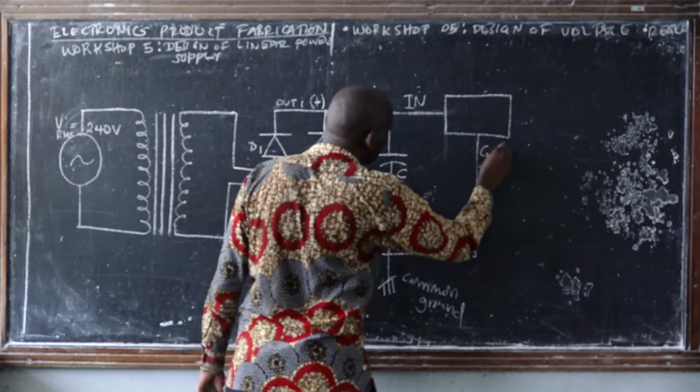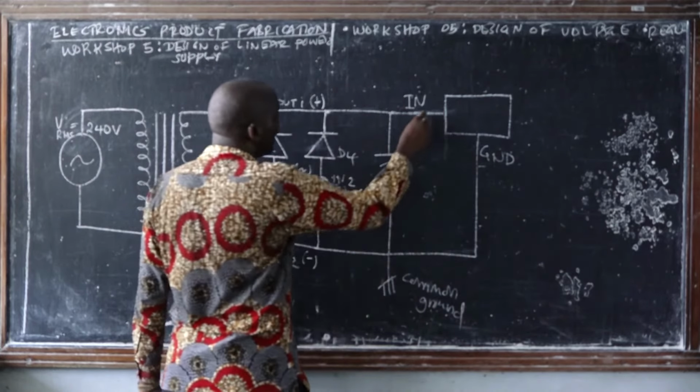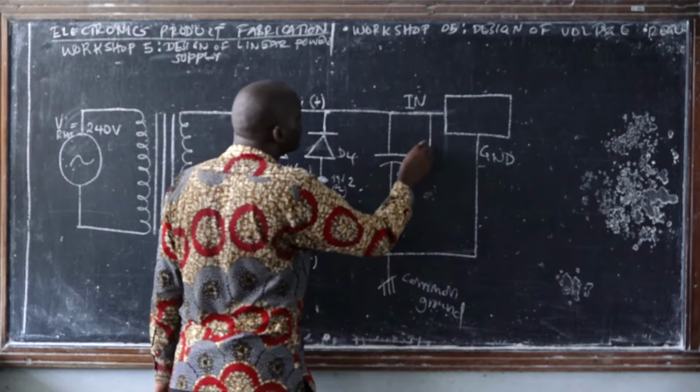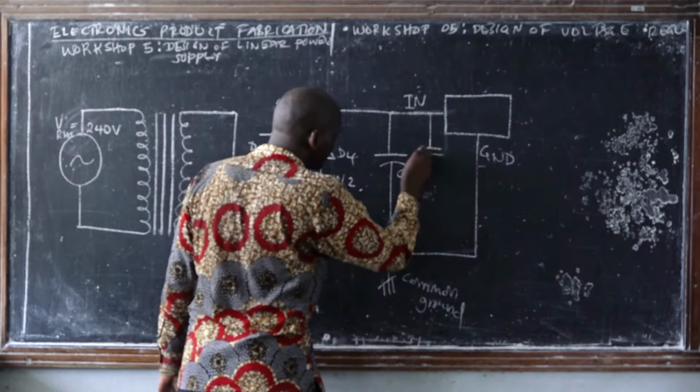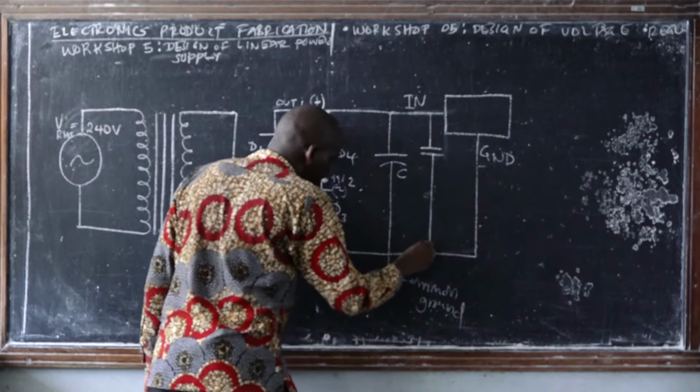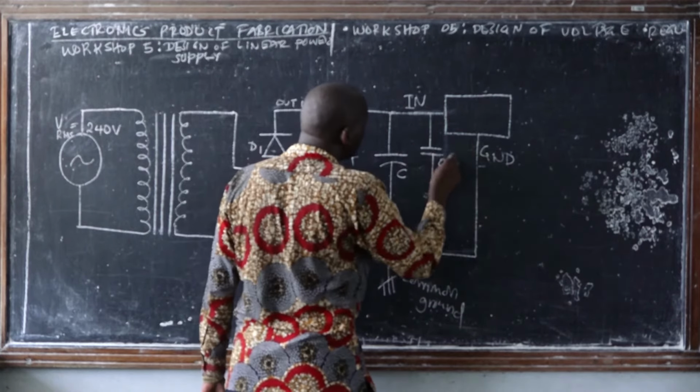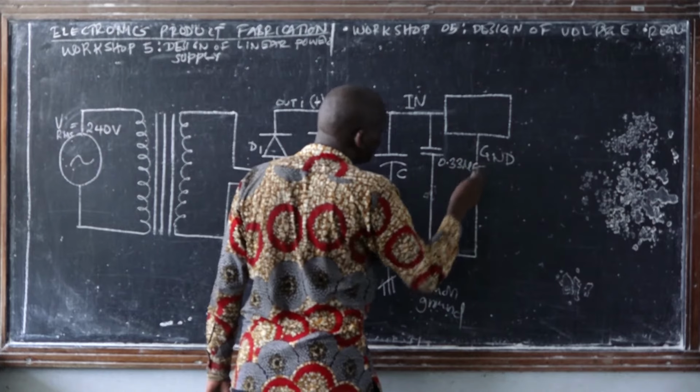This is ground. But we say that the voltage regulator needs a ceramic capacitor, and this is the schematic symbol, of 0.33 microfarad.